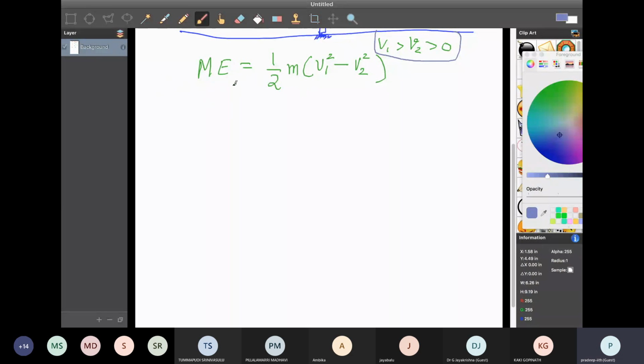So I can divide this by delta T, and this by delta T. This part will stay the same: half into m by delta T, and then into (V1 square minus V2 square).